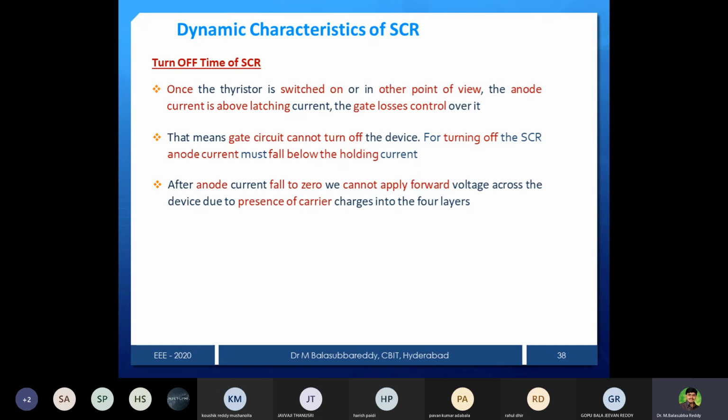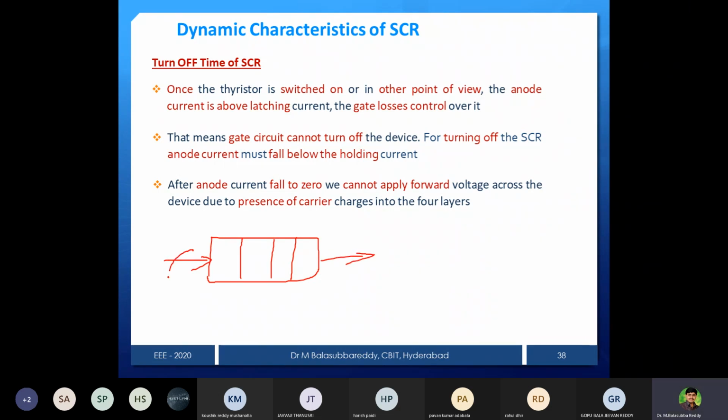When the anode current falls to 0, that means whatever anode current is there falls to 0. We cannot apply forward voltage across the device immediately, because even if the current is 0, charge particles are still present inside. You can see the device is made of layers.